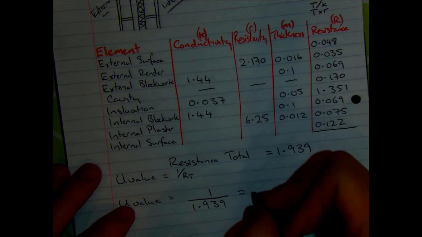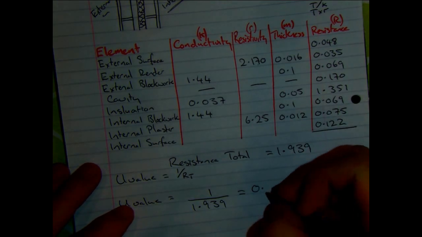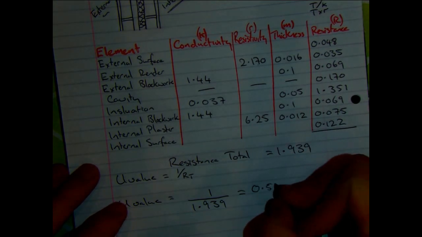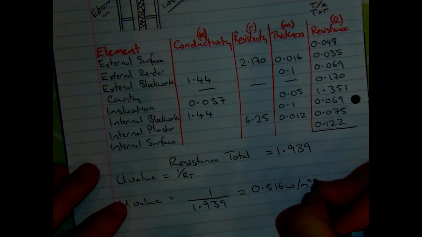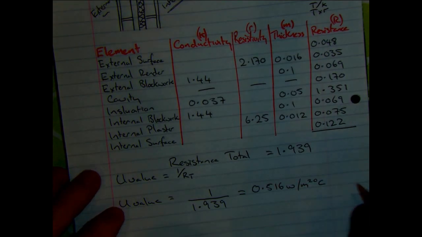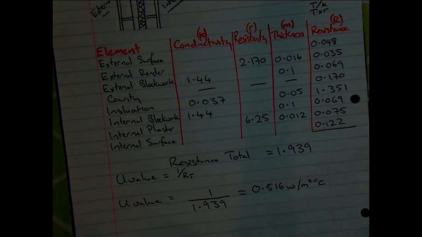Okay, that's going to give us a U value of 0.516 W/m² °C. Okay, that's part A of the question answered.